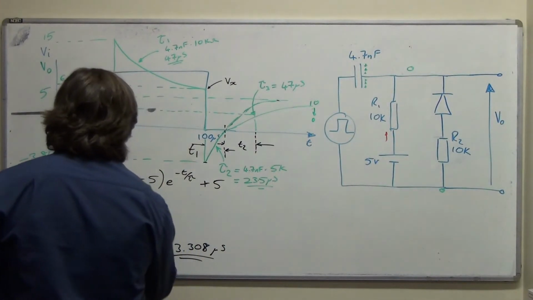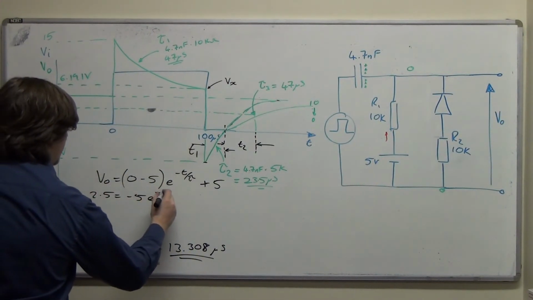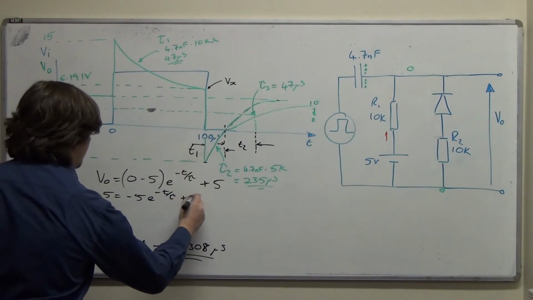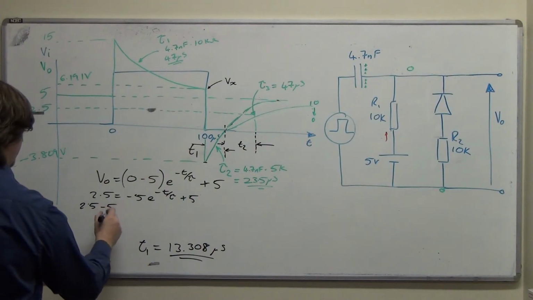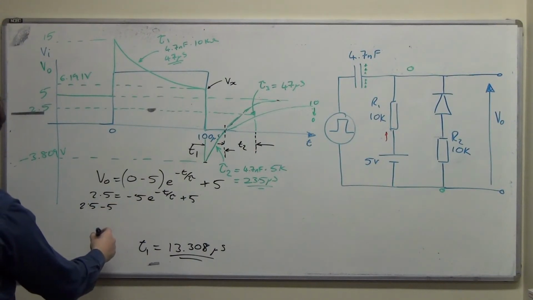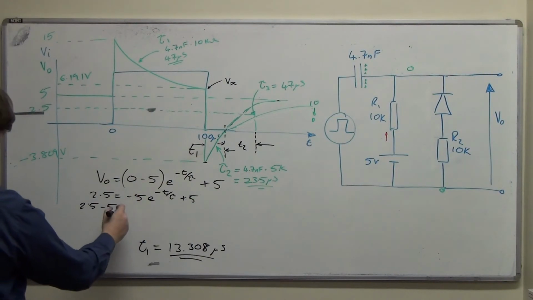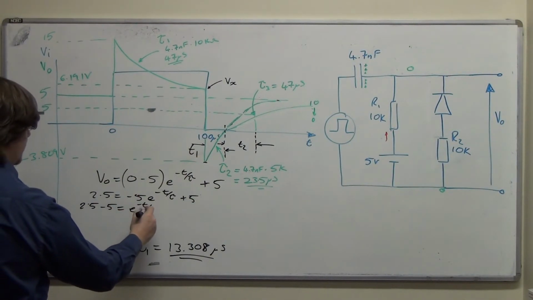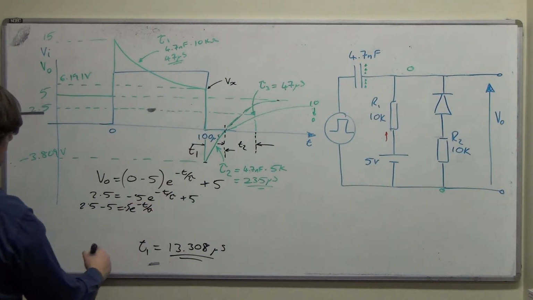So then we have 2.5 equals minus 5 e to the minus t upon tau plus 5. The 5 can come across and we'll have 2.5 minus 5, and then we can divide through by the other 5, this minus 5 here. Tell you what, I'll write it out: e to the minus t over tau, and then, oh sorry, there's minus 5 in there, isn't there?